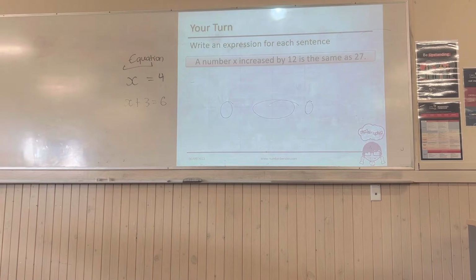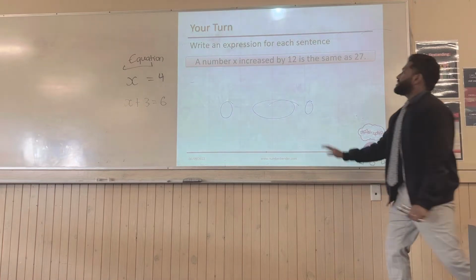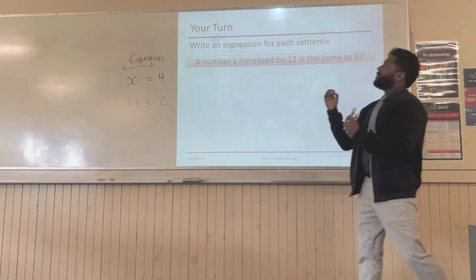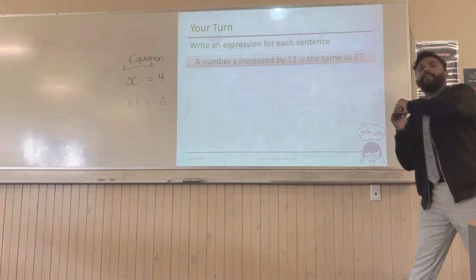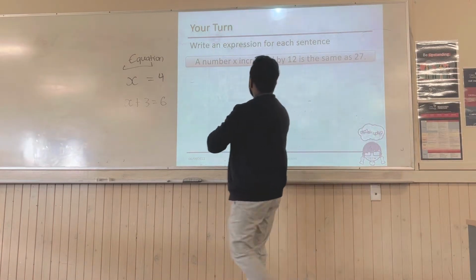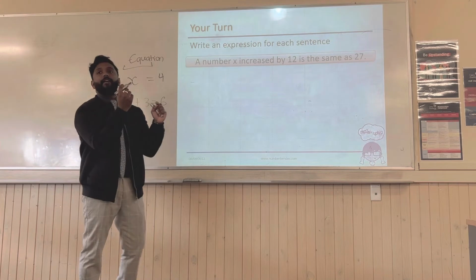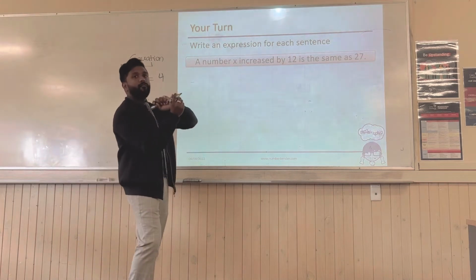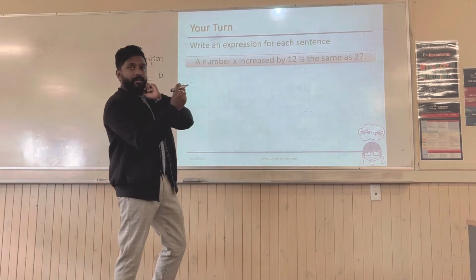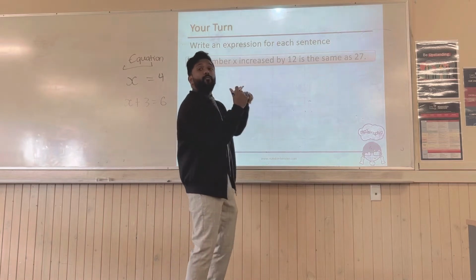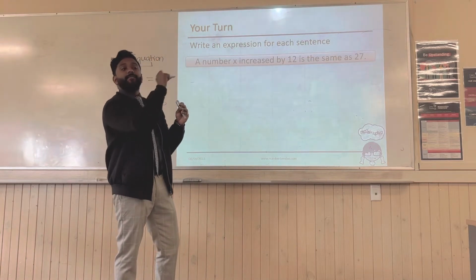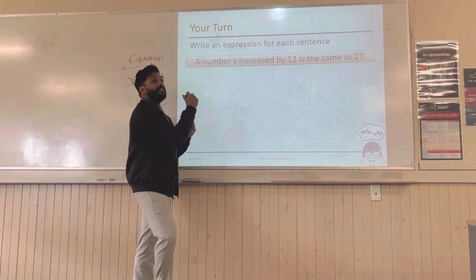A number x is increased by 12 is the same as 27. So what are you going to do here, Dom? Tell me where the operations are. So which word represents an operation? What are the operations? So increase would be one, that's addition.